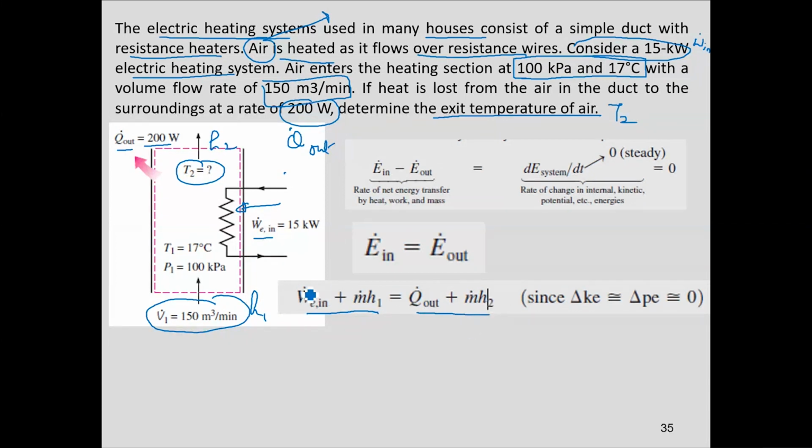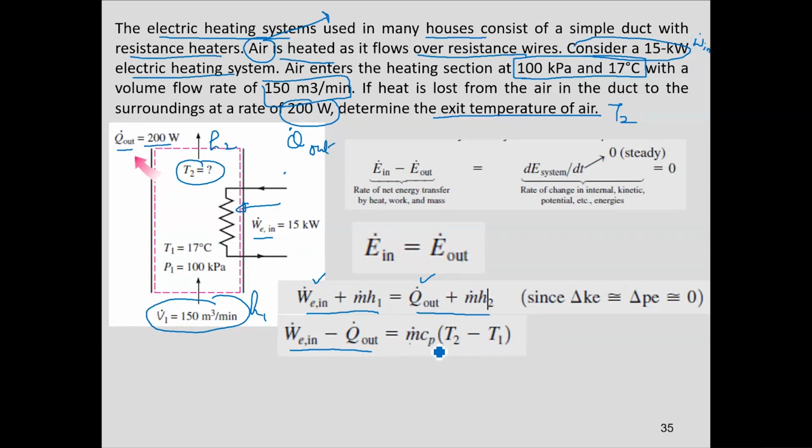Now, if you look at the equation, work electrical in is given to you. Q dot out is given to you. So if I take the exact terms which are given to me on the left hand side, I'll essentially have work electrical in and Q dot out. It's on the left hand side.